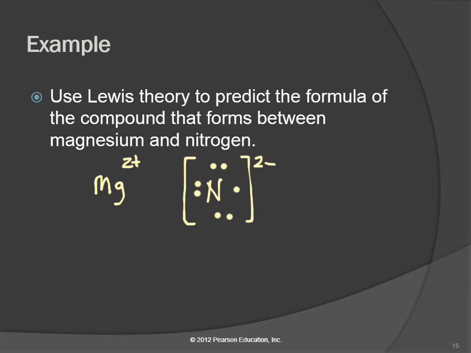Where there's one magnesium atom, there's probably another nearby. So let's look at another magnesium atom. He also has 2 valence electrons. So the nitrogen's like, hey you, could you give me one of those? Sure, I need to get rid of both of them, but I'm happy to give you one.